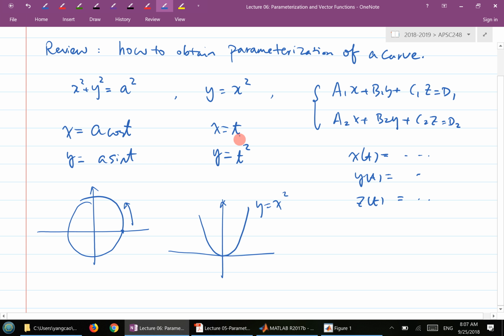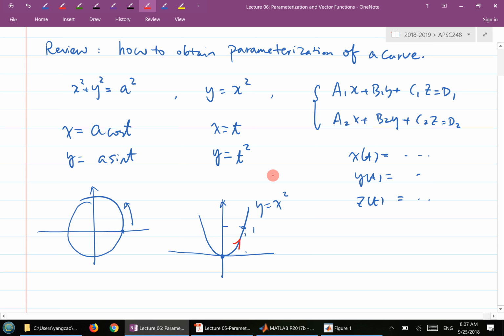But when we put it into a parametric equation, it becomes a certain type of motion. When t equal to 0, this means we start at 0, 0. When t equal to 1, it goes to 1, 1. That gives you an idea that this particle is moving in this direction. So that's the relationship with the parametric equation.